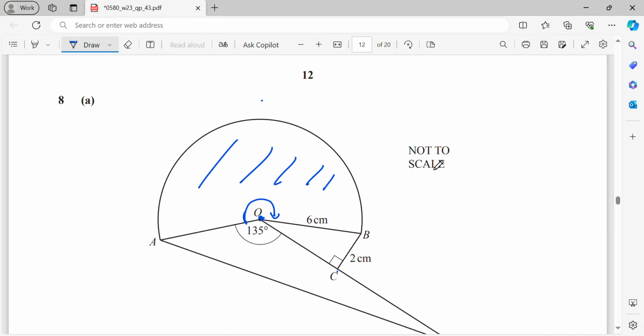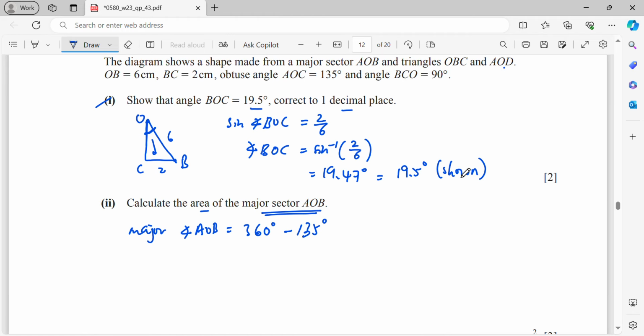You also have to minus 19.5, because our sector is the sector above that. So 360 minus 135 minus 19.5 gives 205.5 degrees.